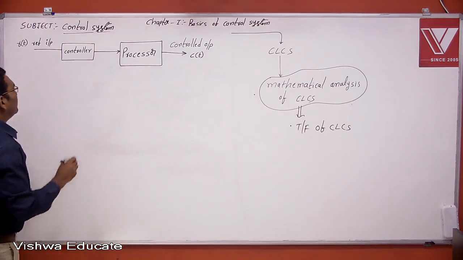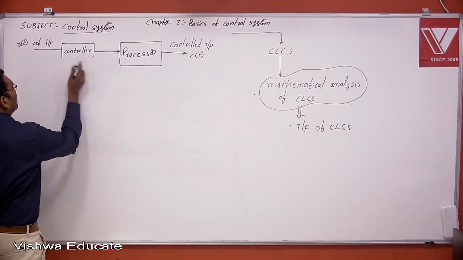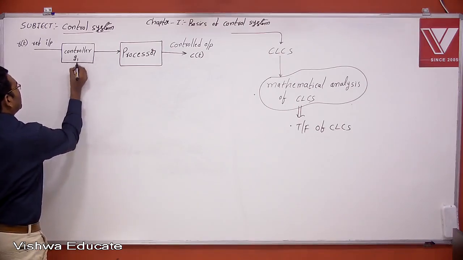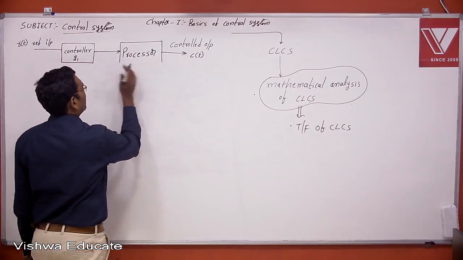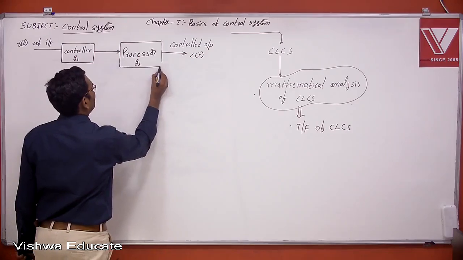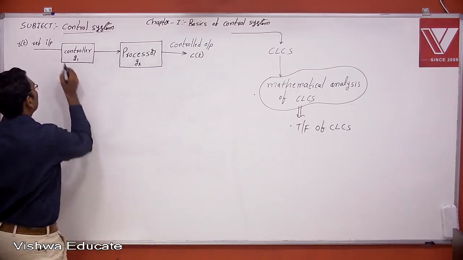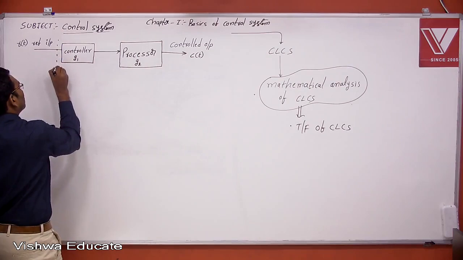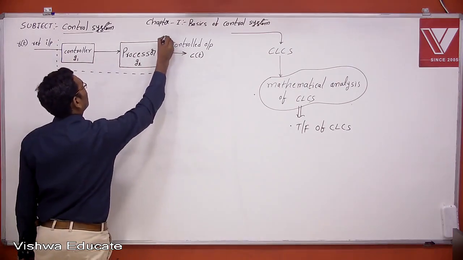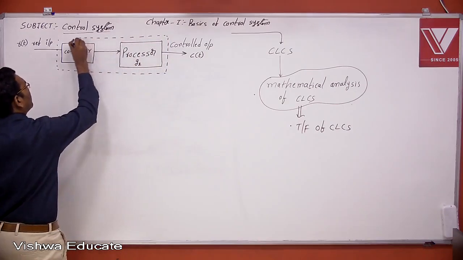And similarly, this is controller, having some gain G1, this is processor, also having some gain G2, and these two are connected in series, cascade. Therefore, what is the overall gain?